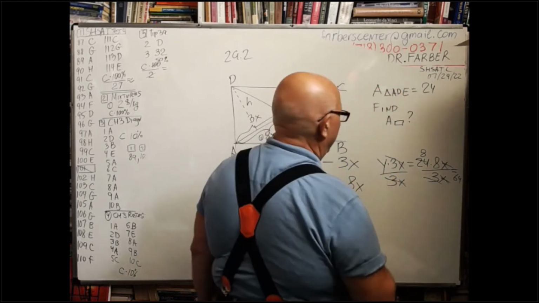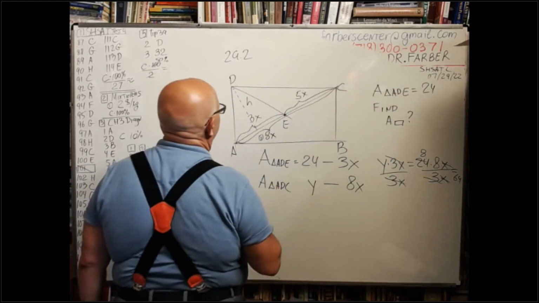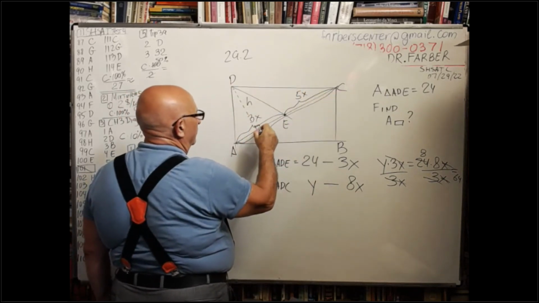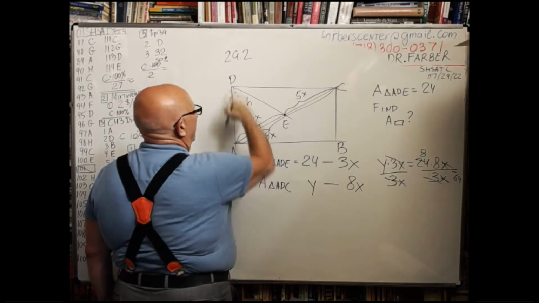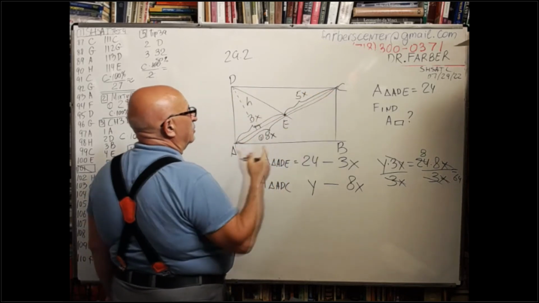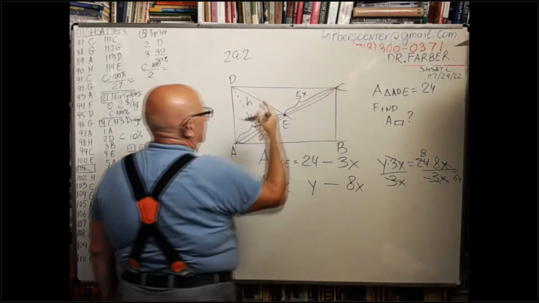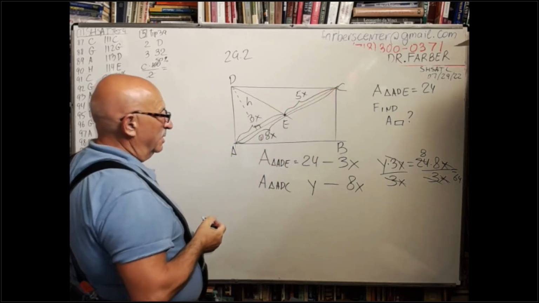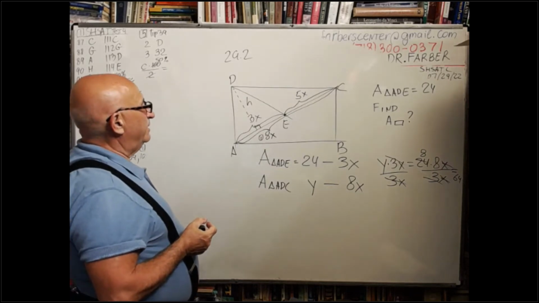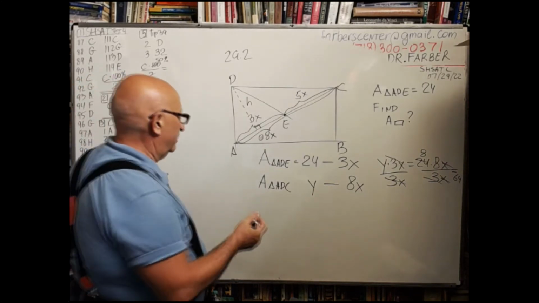I haven't finished. Why did I do it? They said we have 2 triangles with a common altitude. The ratio of areas of the triangles is proportional to the ratio of the bases of these triangles. So in one shot, I found the area of triangle ADC. How to find the area of the rectangle? Easy.